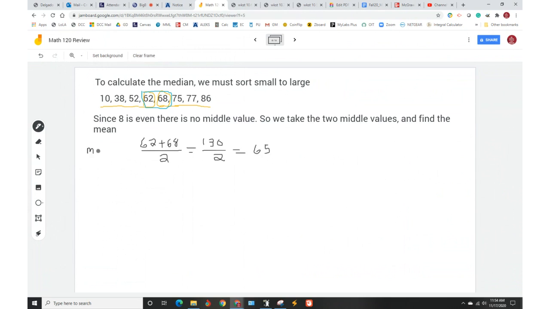So this is the median. $65. And you'll notice that what it does when we have an even number is it puts a value that's between those two, right smack in the middle between 62 and 68, right there between them.